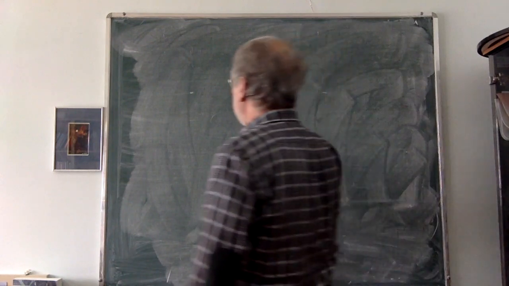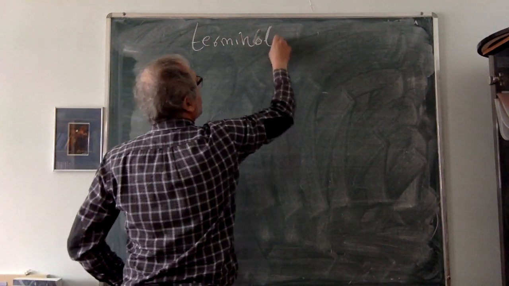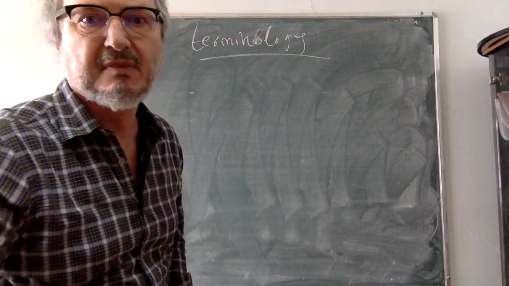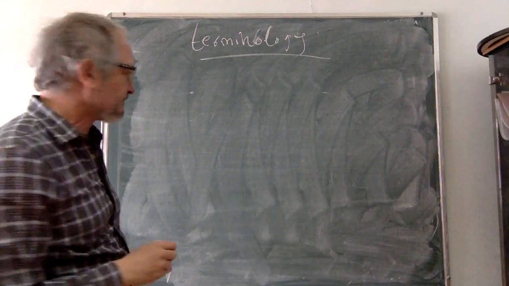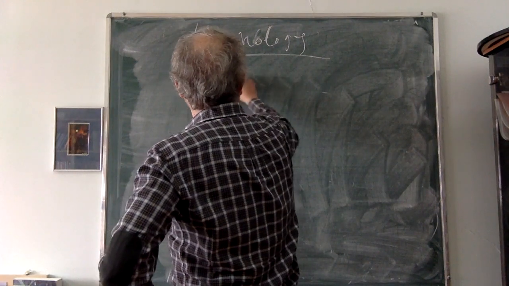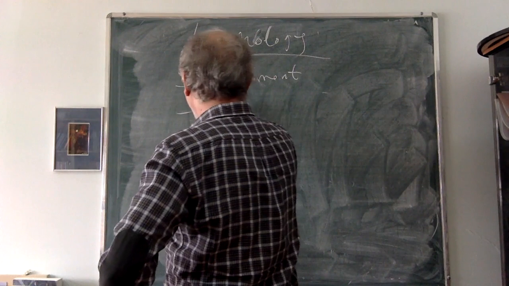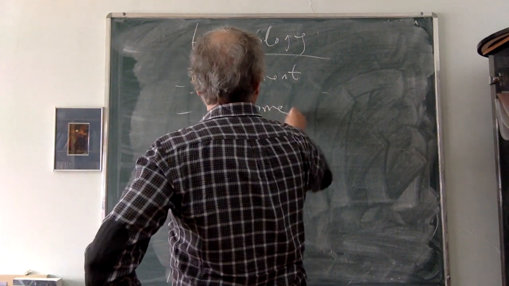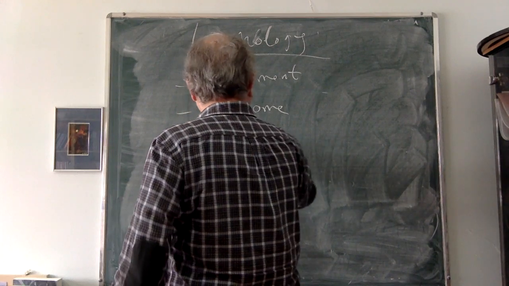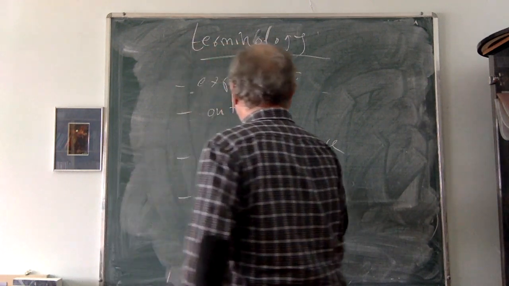There's some terminology that we have to go through, like what's an experiment? Outcome of an event. Sample space and event. Okay.